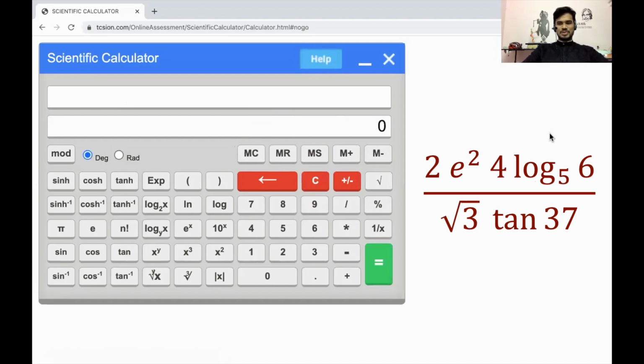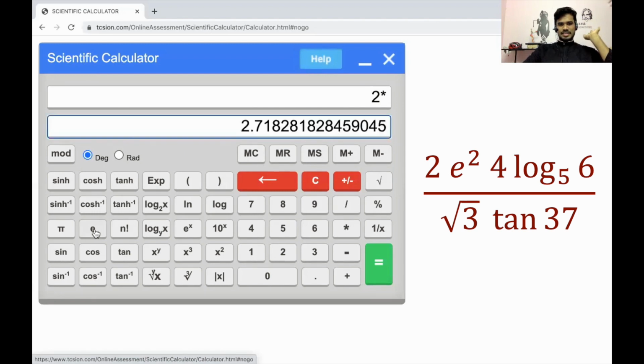Okay, follow how I am doing this. Okay, so this is the expression we want to find. First thing is 2. Okay, into e square. So we have e here. Okay, and then do square. That is this square. I got square of e.